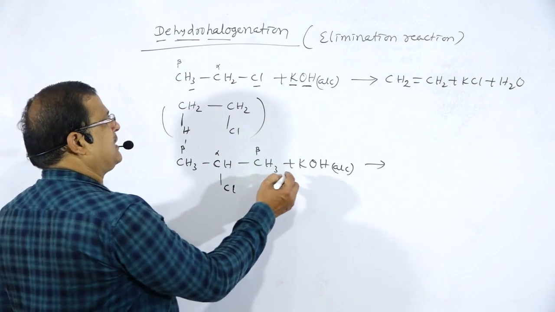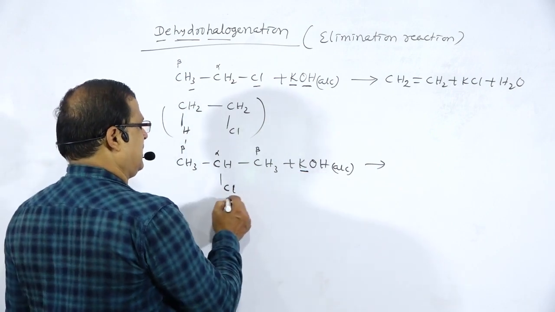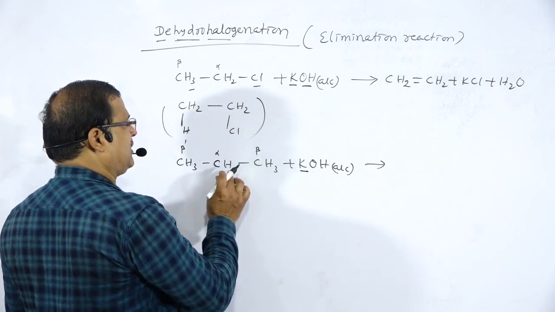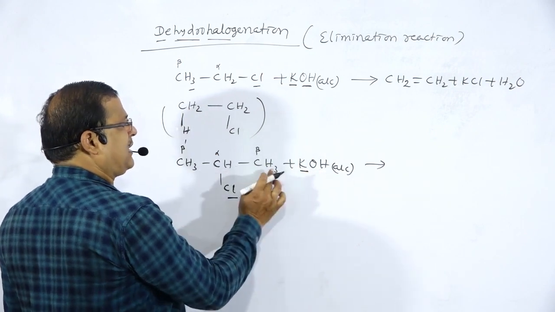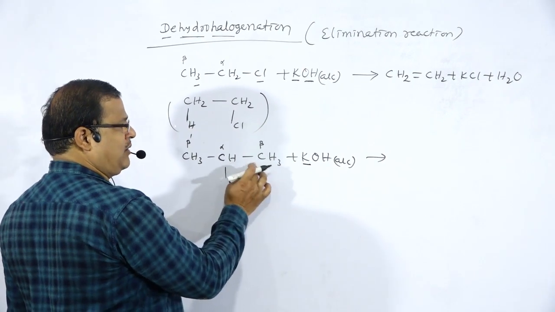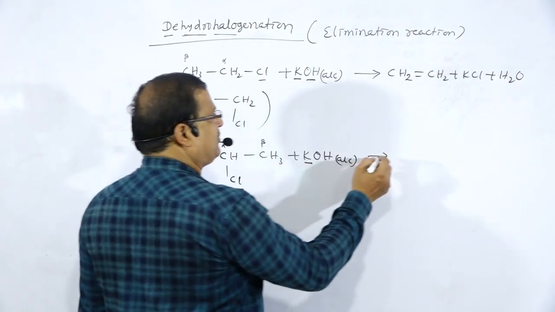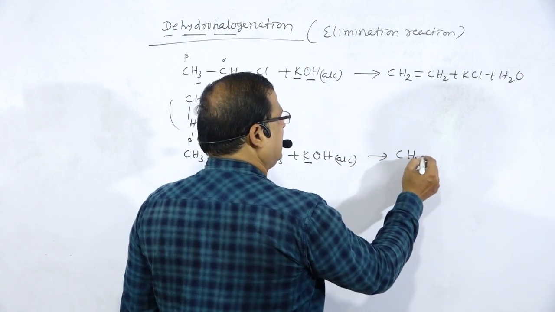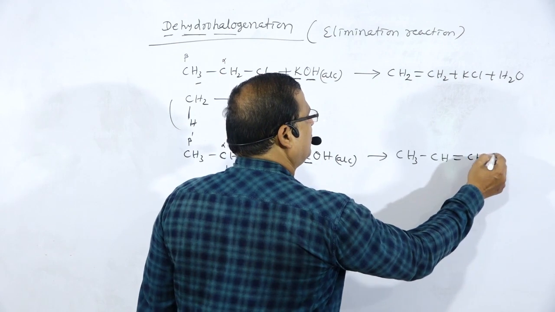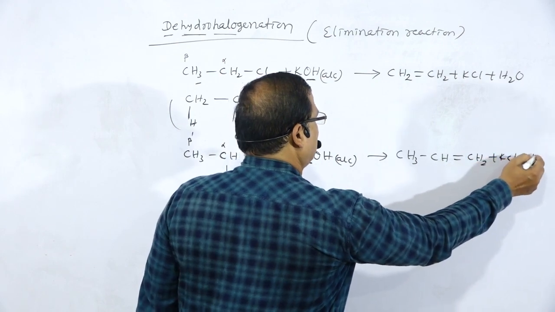K and Cl are removed in the form of KCl, and OH part and H part are removed in the form of water. We have to insert a double bond here. So the product will be CH3-CH=CH2 plus KCl plus water.